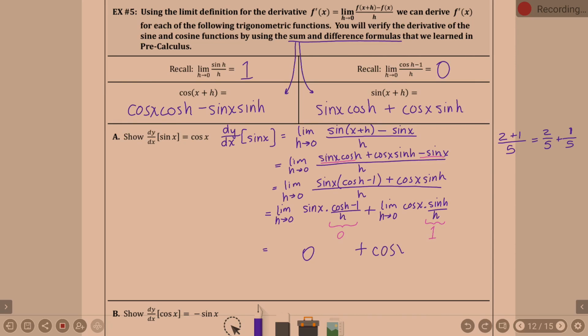You have to be careful because some of them are x's, some of them are h's. You have to be very careful here. And what is 0 plus cosine x? It is cosine x. So we just showed that the derivative dy/dx of sine x is indeed cosine x, using our definition of derivative.